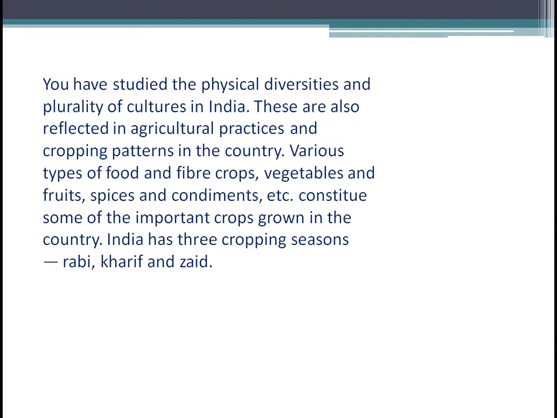Various types of food and fiber crops, vegetables and fruits, spices and so on constitute some of the important crops grown in the country.